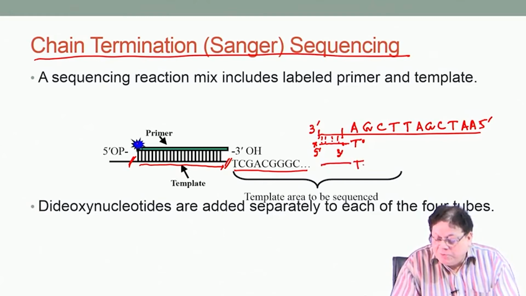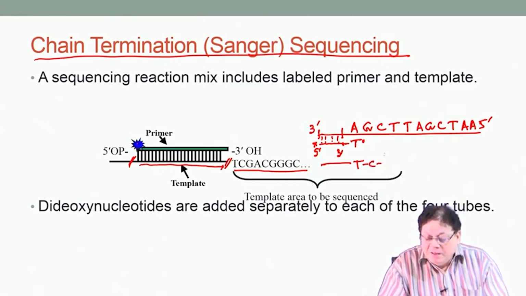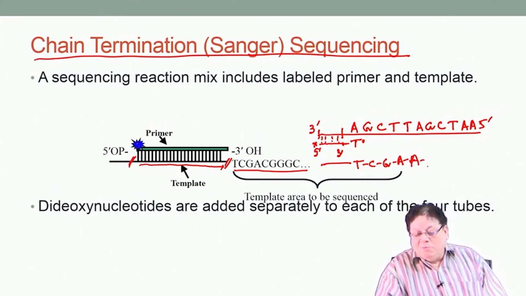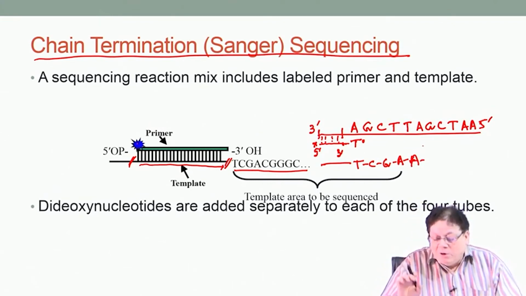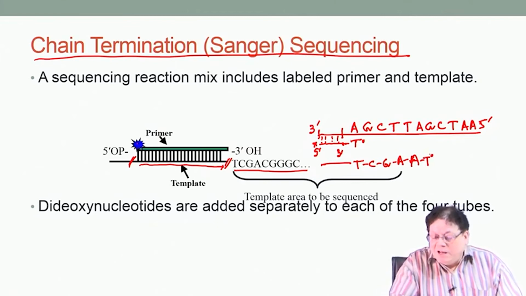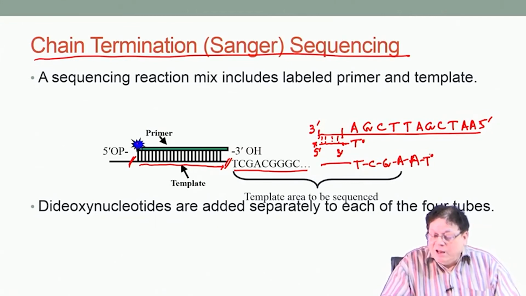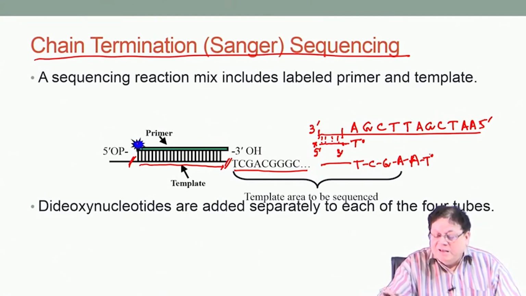It will continue up to the point when there is requirement of another T. So, C, then G, then A, then A, and now you again come to this point that there is a requirement of a T. So, if the enzyme now takes the dideoxy T, again you will have a truncated chain here. So, you can have 2 truncated chains, you can have more also if there are more A's, because it depends on the number of A's in the chain.